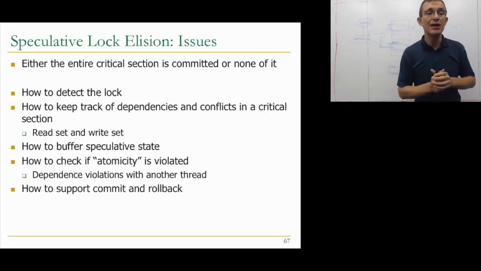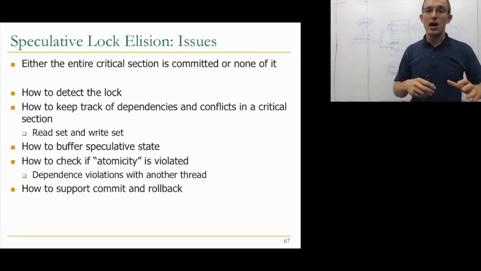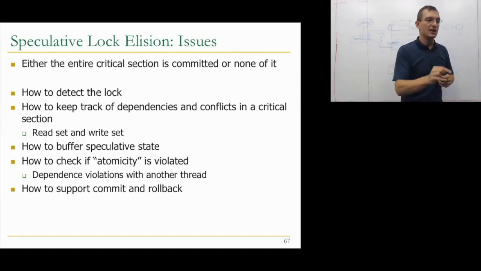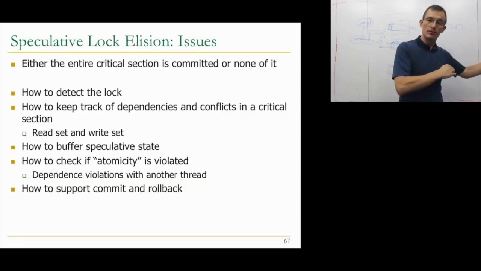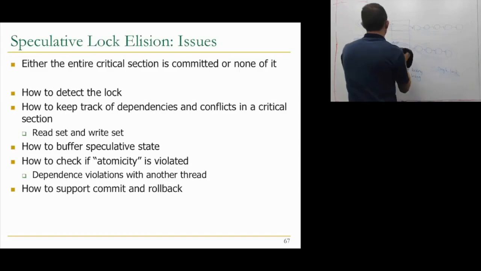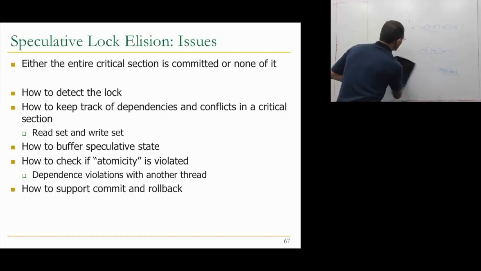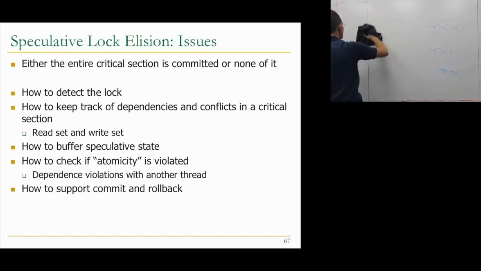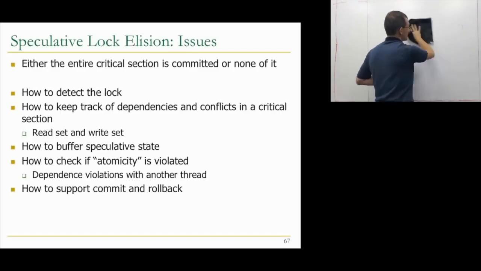The second issue is how to keep track of dependencies and conflicts in a critical section. How do you ensure that you know what the critical section read or wrote? This is very similar to thread level speculation as we discussed earlier, how to parallelize single-threaded applications. You need to keep track of what is read by a critical section and what is written by it.